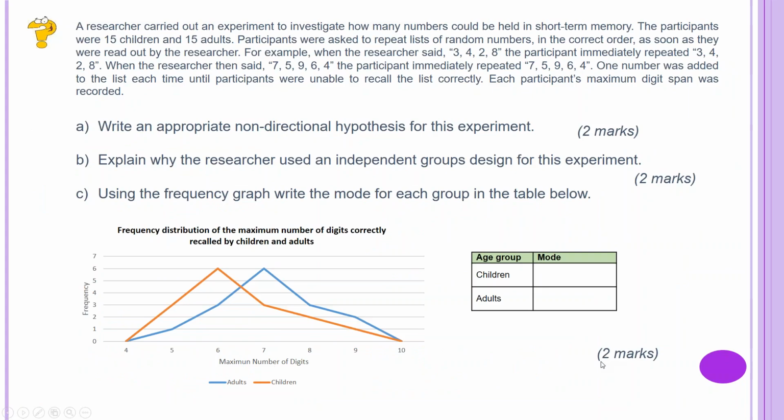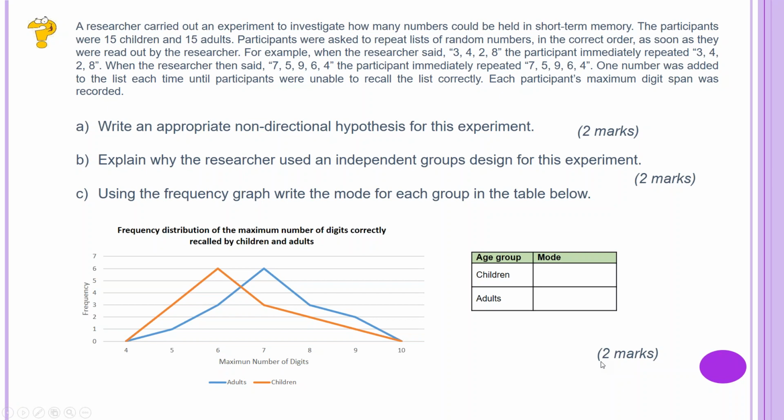So here's a question for you, and you're given a little scenario, and this is quite likely in the exam. A researcher carried out an experiment to investigate how many numbers could be held in short-term memory. The participants were 15 children and 15 adults. Participants were asked to repeat lists of random numbers in the correct order as soon as they were read out by the researcher.